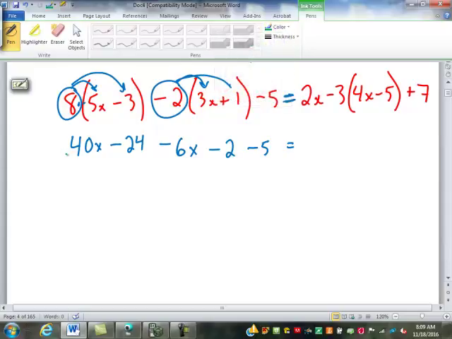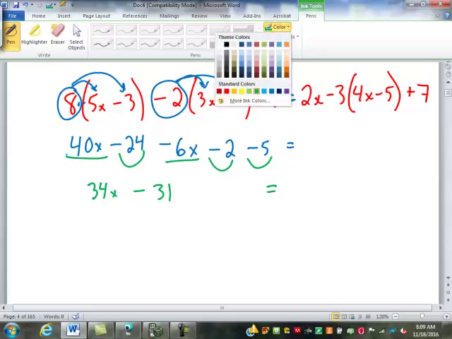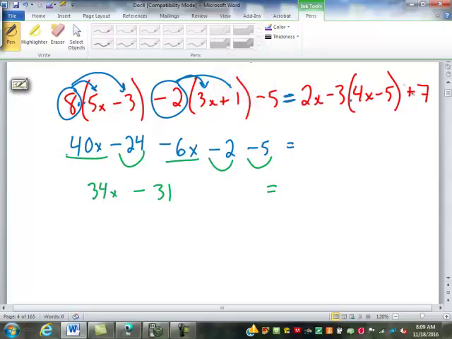Now I can combine. I've got 40x and negative 6x make 34x. Negative 24, negative 2, and negative 5 make negative 31. So 34x minus 31 is what I get on the left side. Now I go over to the right side. See that set of parentheses? There's nothing to do in them, but there is something to do to them.